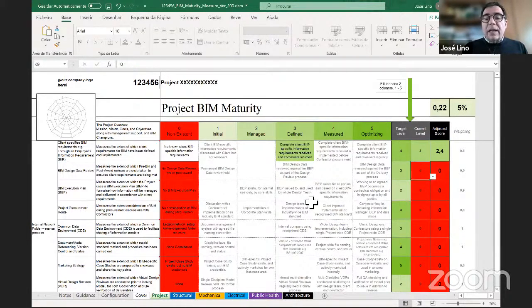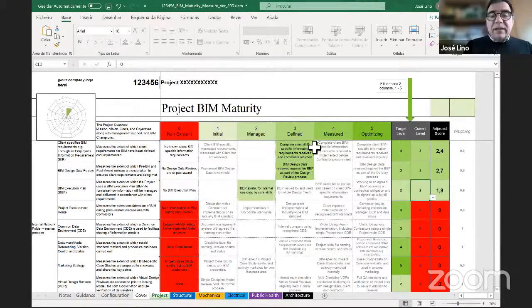The other one, let's say the BIM implementation plan, is only at level 2. And as you can see, the green area, this is where I am, is starting to paint my graph here on the left. So in the end, you will have a precise measurement, not only for each one of these secondary and primary disciplines, but also for your project. This is the type of maturity metrics that you can start to use, okay?